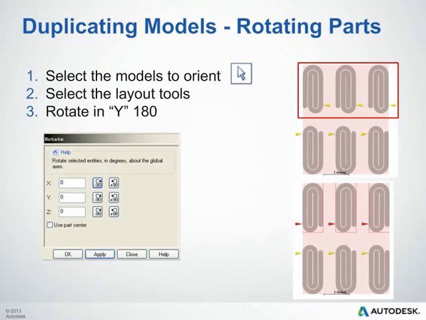To do this, you simply select those top 3 cavities that you wish to rotate. Then you go to your Layout Tools panel, and you tell us which way you want to rotate it. In this case, we're going to rotate it on the y-axis by 180 degrees. And as you can see, now all the gates are on the left-hand side of each cavity.